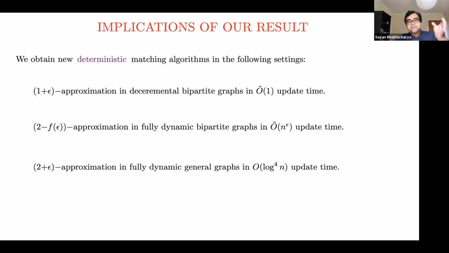But again, the main conceptual message behind the paper is that we can do dynamic sparsification of matchings deterministically. That's the main message. And these results are corollaries of that message.